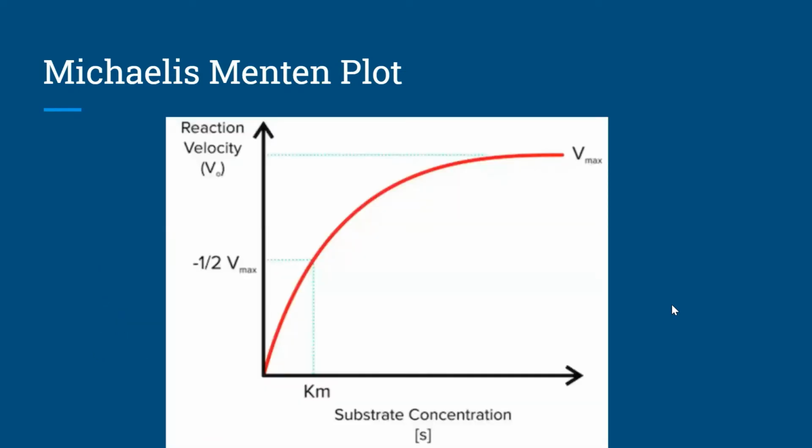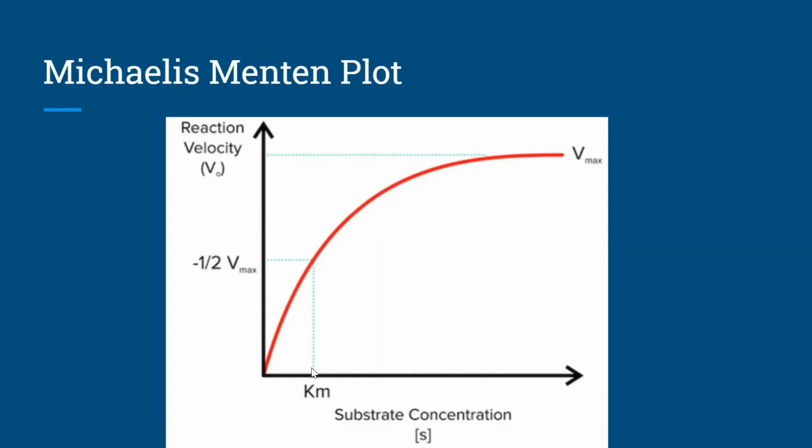So this is a standard Michaelis-Menten plot. On the bottom, the x-axis is the substrate concentration. Then the y-axis is the reaction velocity, V. And on the bottom you can see Km.